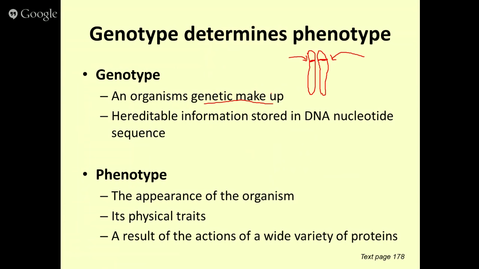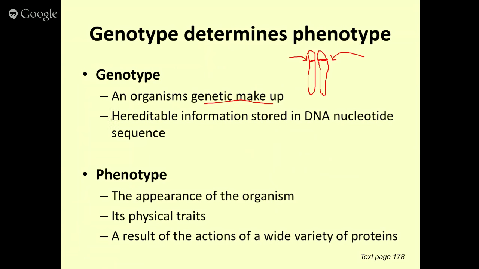So your genotype is your genetic makeup. These are all of the proteins that you could possibly produce. Like this person I just mentioned, if they have the gene for blue eyes, they can make the protein that makes blue eyes. If they have the gene for brown eyes, they can make the protein that makes brown eyes.